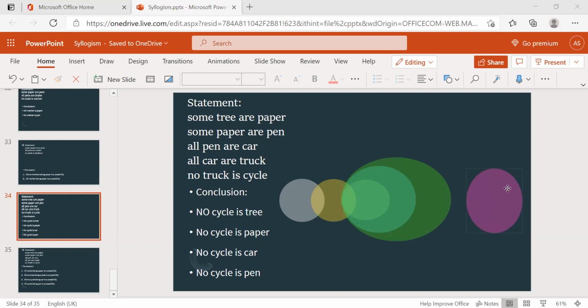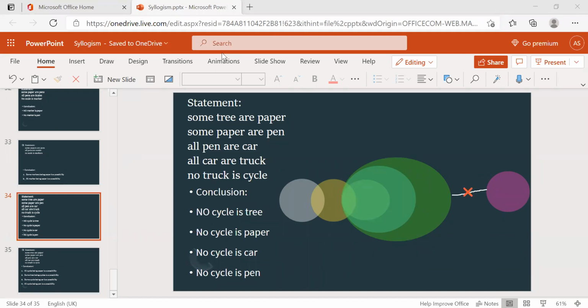Now this, no truck is a cycle. Always don't forget to draw the line between these two when the statement is no. Always you have to write like this.